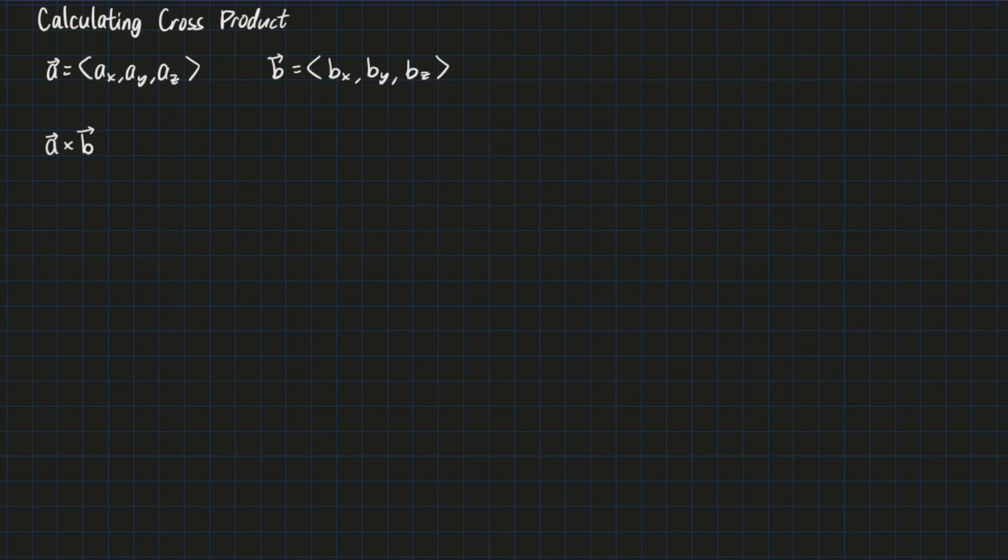Okay, so let's talk about how to calculate the cross product. If we have two vectors, A equals AX, AY, AZ, and B equals BX, BY, BZ, and we want to find A cross B, we would use a determinant.